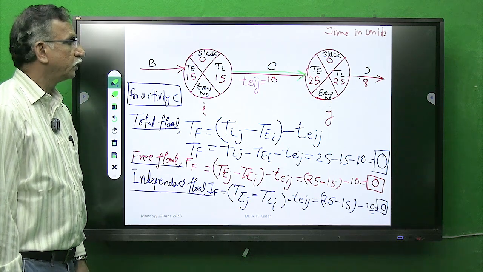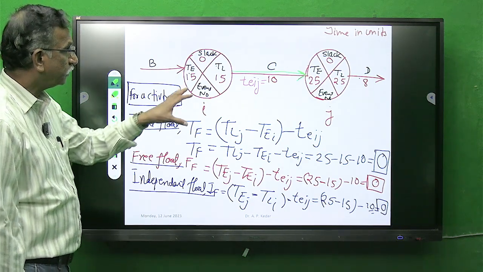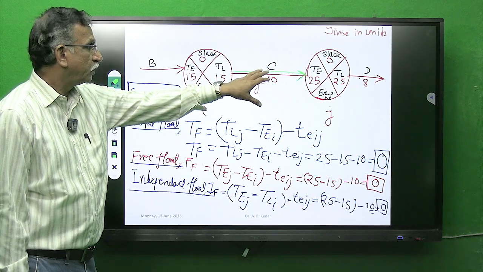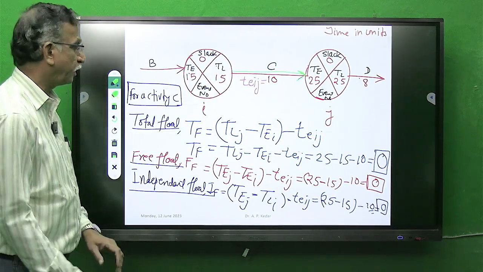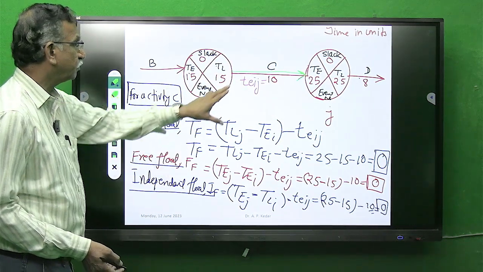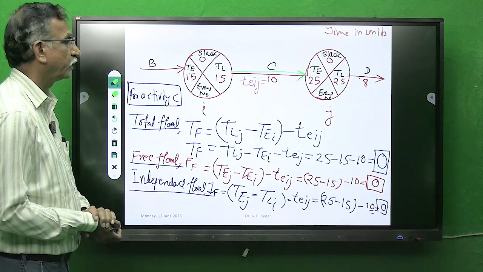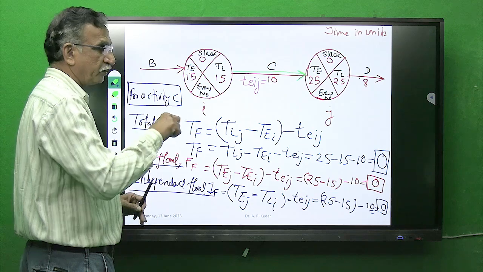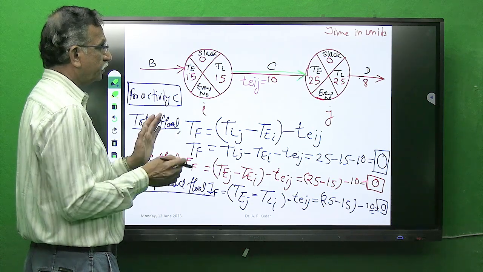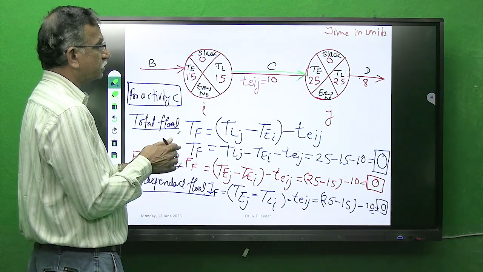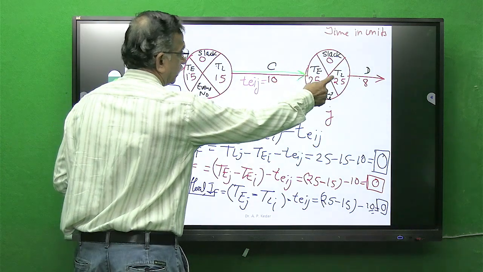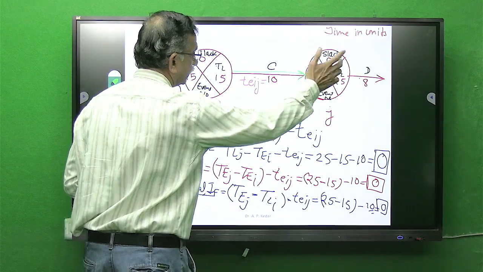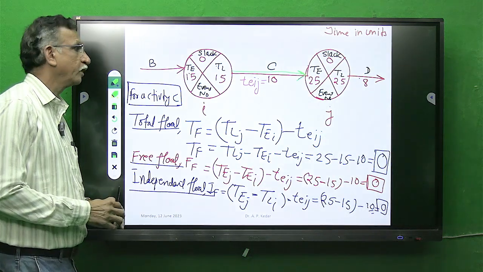Interfering float is for the activity under consideration. I want to find this interfering float for activity C. Now it is nothing but, as the definition says, the difference of values of slacks for latest completion and earliest start of the activity.